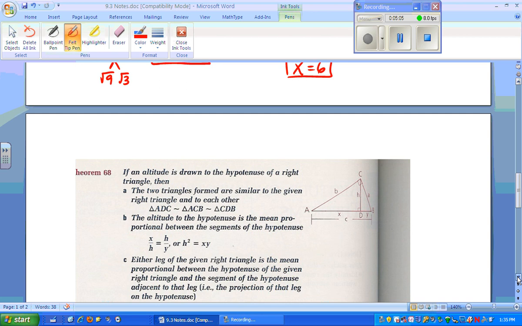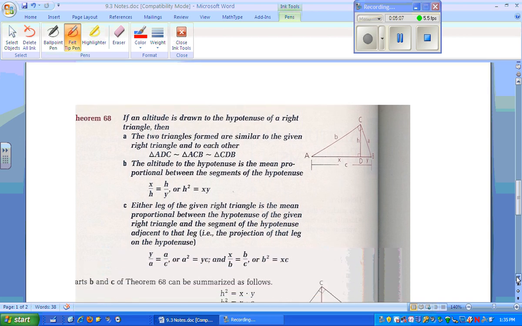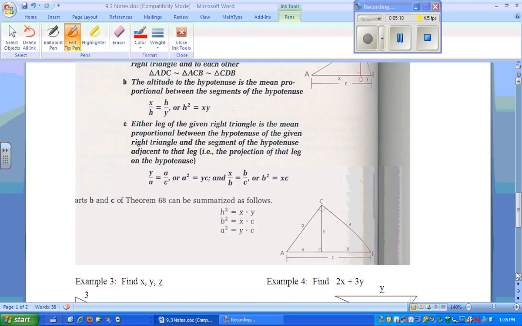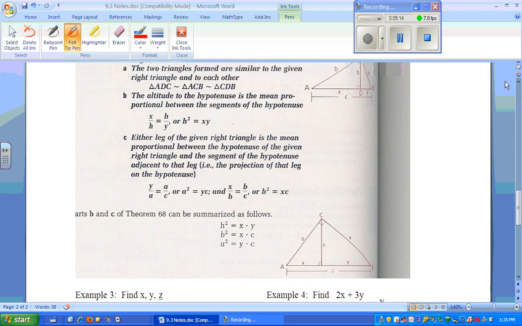They say there's a shortcut in their book, it calls it Theorem 68, where you can look at it and set up, if the missing side is the side off to the small triangle, h squared is equal to x times y, or b squared is equal to x times c, or a squared, the side over the medium one, is that.